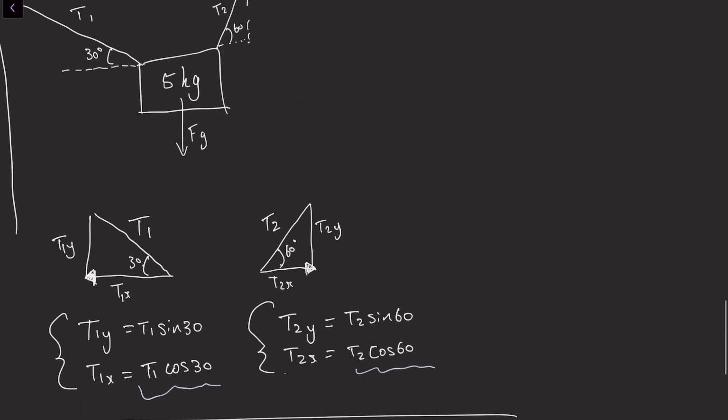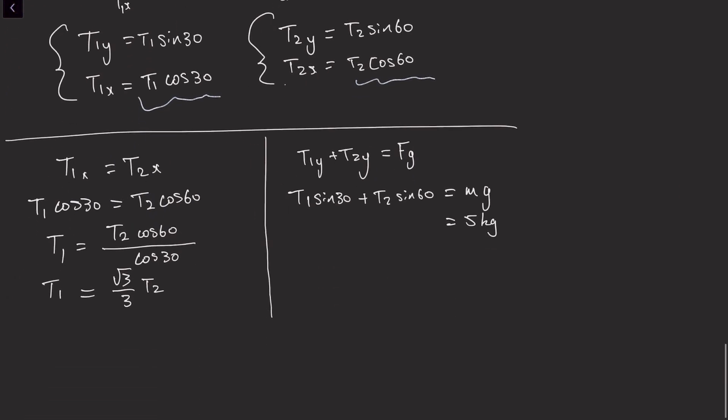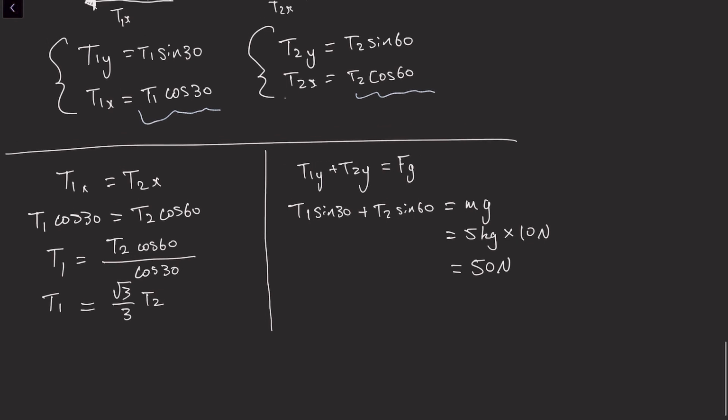Remember, the block is 5 kilograms in mass. Multiplied by, let's say, 10, just to keep the numbers neat. We know this equals 50 newtons of force. So we know that the total force that's going upwards must equal the total force going downwards. So the left-hand side must also equal 50 newtons.